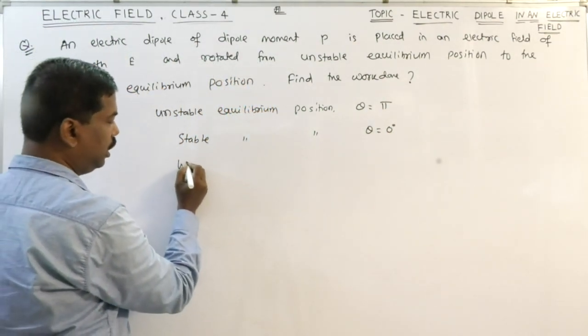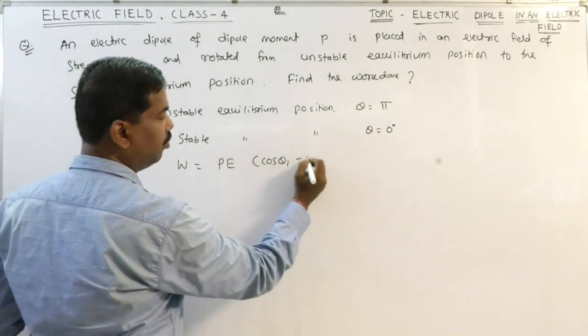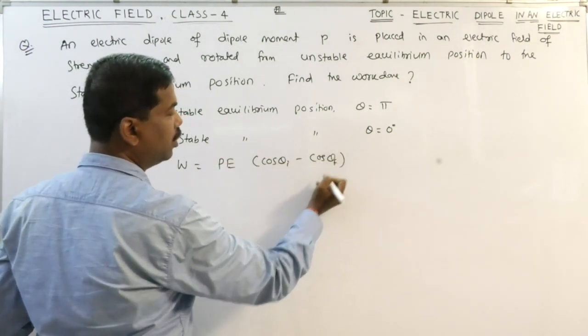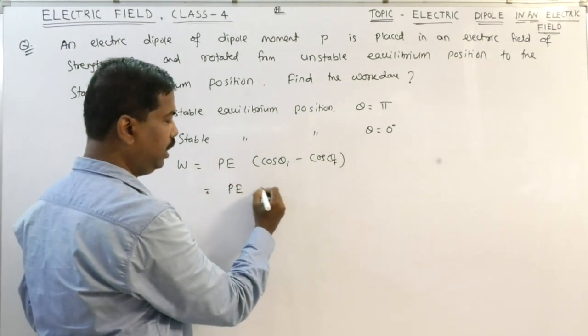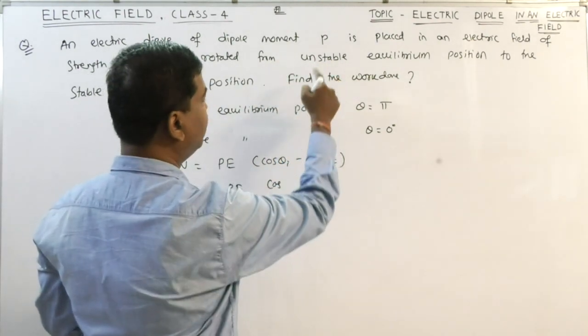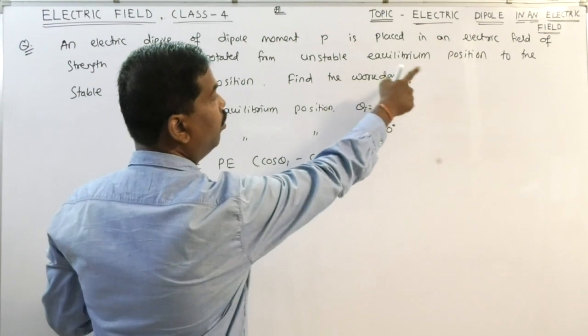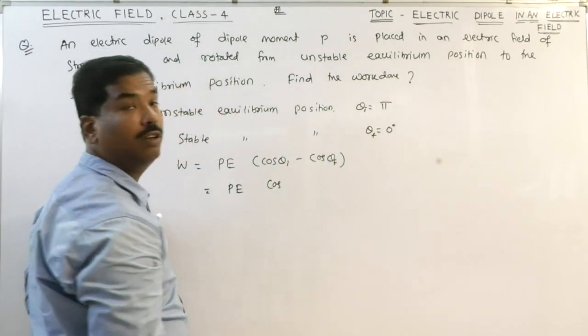Then work done W is equal to PE into cos theta I minus cos theta F. The initial angle is pi and the final angle is 0.